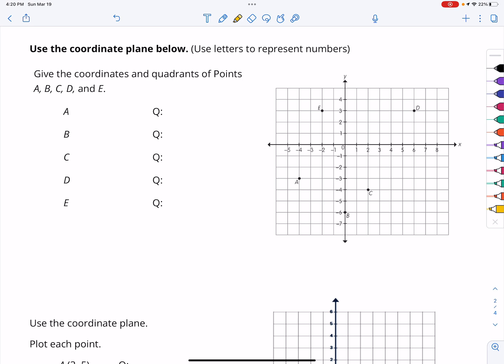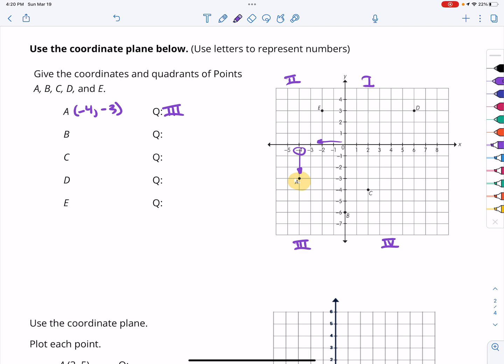So if we're looking at point A, which is right here, we know that it is in quadrant 3, so I'm just going to write that down, quadrant 3, because this is quadrant 1, quadrant 2, quadrant 3, quadrant 4, and from what we looked at up above, I know that my x value, because I have to travel to the left of the origin, is going to be negative 4 units, and we are traveling below or down from the origin, down from the x-axis, and so our coordinate is negative 3. So the ordered pair for A is (-4, -3).